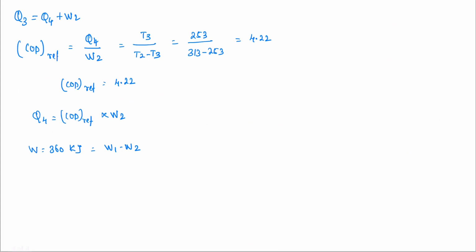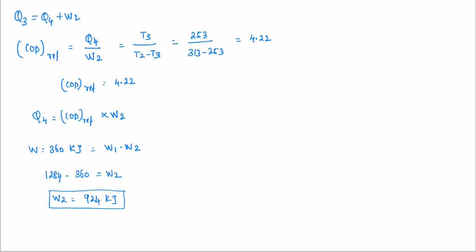From this, you can find the value of W2. That is 1284 minus 360, which is equal to W2. Therefore, the value of W2 is calculated as 924 kilojoule. We have found the value of W2.